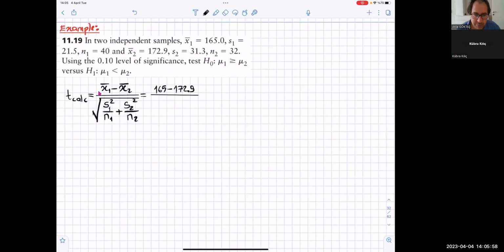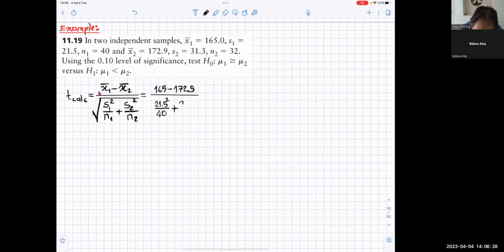S1 is 21.5 square divided by N1, 40, plus S2.